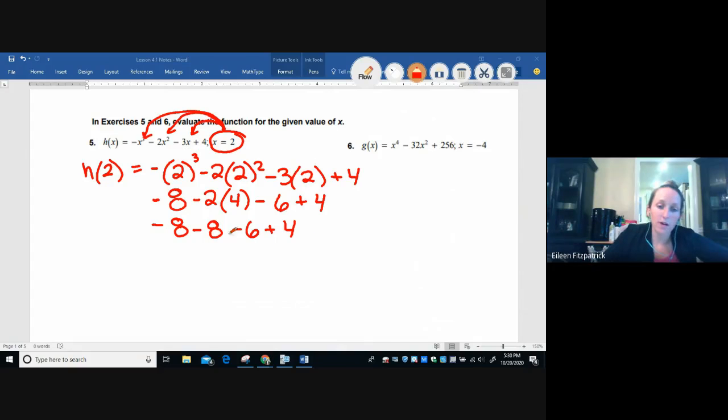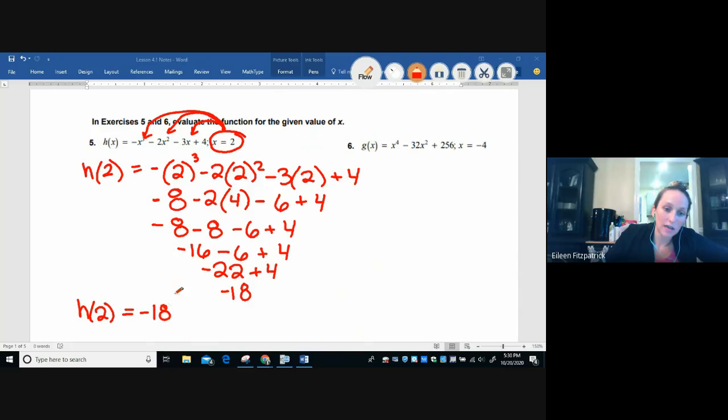We work from left to right when we have addition subtraction. So we have -16 minus 6 plus 4, all right? -16 minus 6 is -22 plus 4. And then -22 plus 4 is going to give you a -18. So you would write h of 2 equals -18.